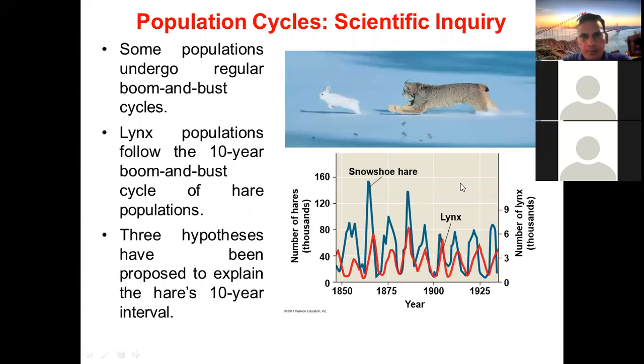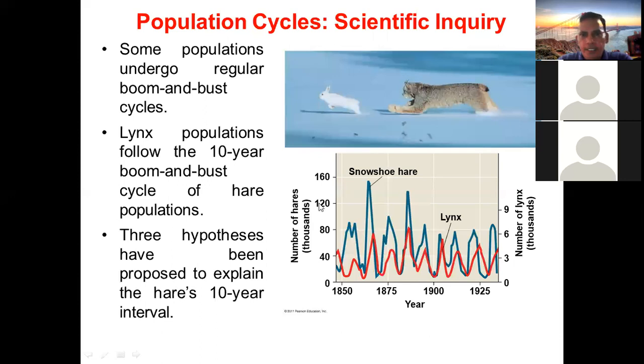There's one example of this: the snowshoe hare and the lynx. The lynx population follows the 10-year boom and bust cycle of the hare population. If you look at this particular graph, here we have from 1850 to around the 1930s, so it's a graph of 80, 85 years.